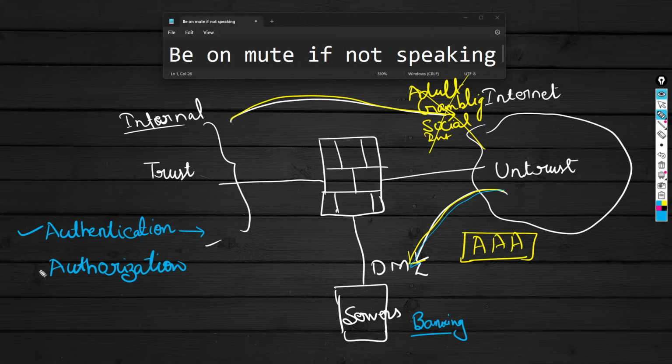You log on to the website, check your balance, check your transactions. But if it comes to changing your communication address, you might not be allowed. You're not authorized to change that on your bank account.